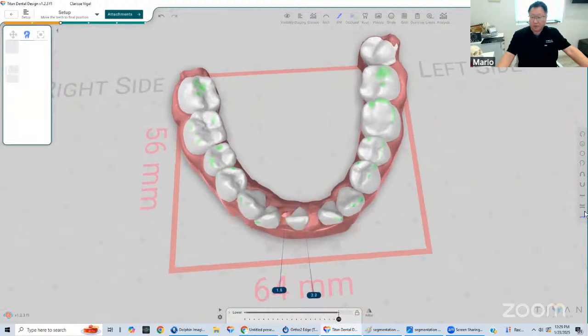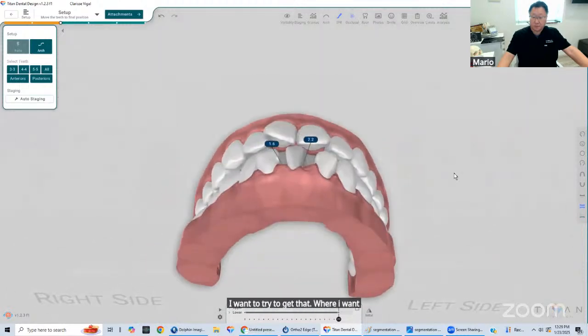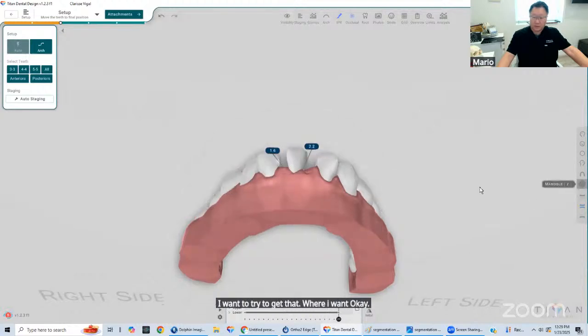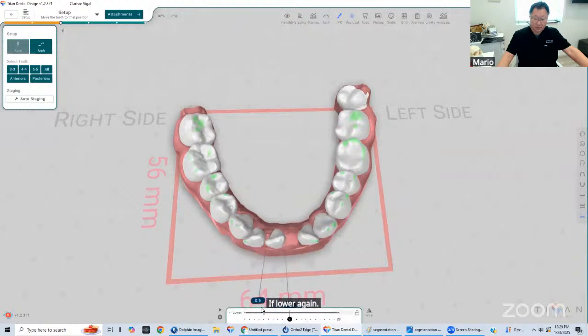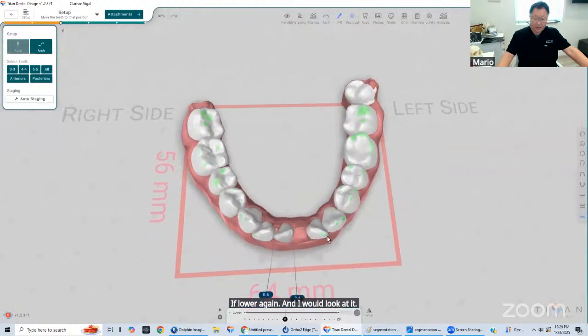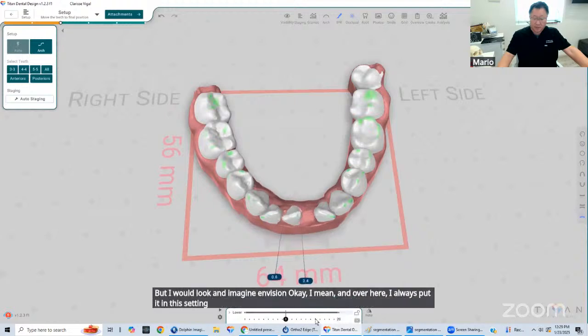So I would try to get that where I want. I would look at it and imagine, envision. Over here, I always put it in this setting because here I can go back and forth.